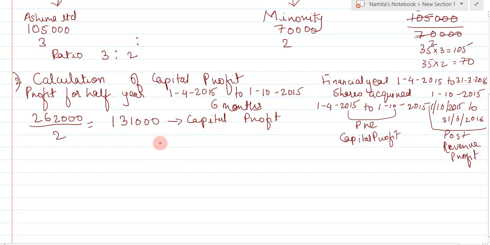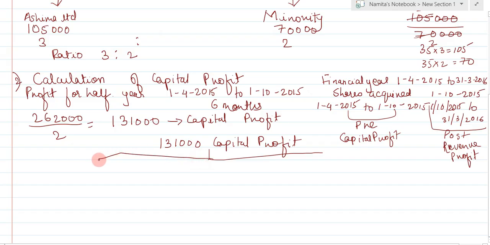Now distribute this capital profit. Capital profit is 1,31,000. You have to divide it between Anshima Limited and the minority.